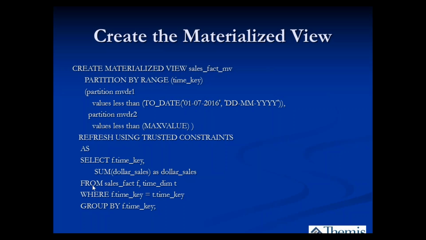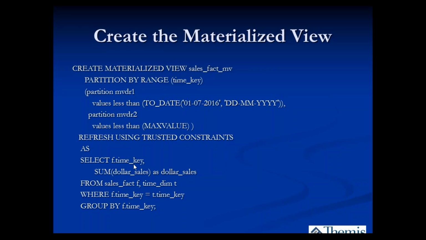Here's what my materialized view is doing for me down here at the bottom. You can see, like I said before, I'm just getting the sum of the dollar sales, or the sum of the sales by date and time. So I might have here's a sale, here's a sale, and they might all be from March 8th.